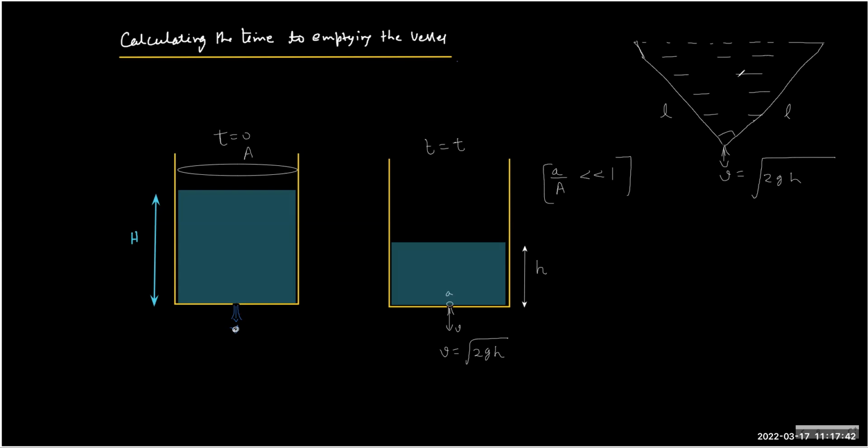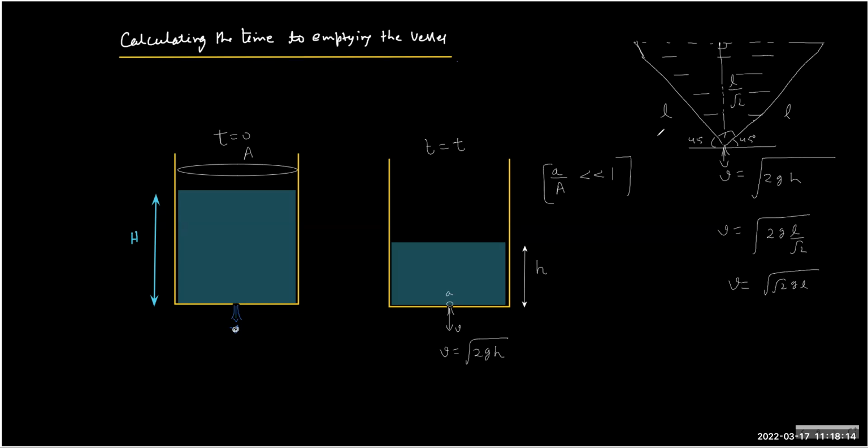But what is h here? If it is symmetrical, then I can find this height, right? And this will be exactly how much? L by root 2. And therefore the velocity is under root 2g L by root 2, which is like root of 2g.